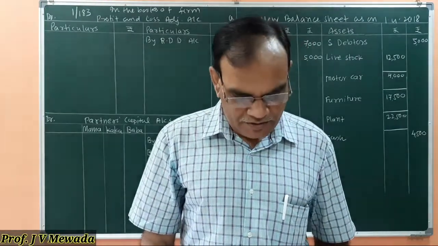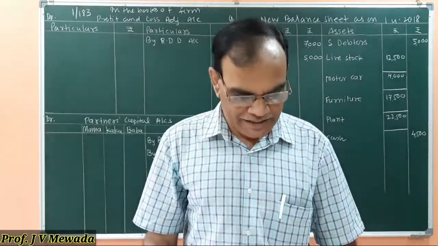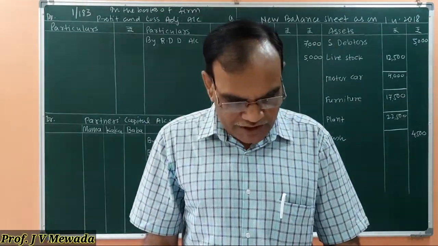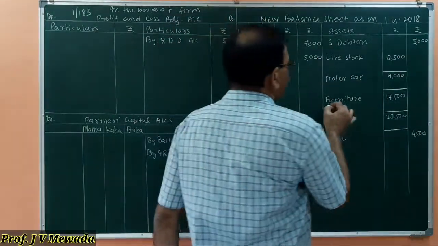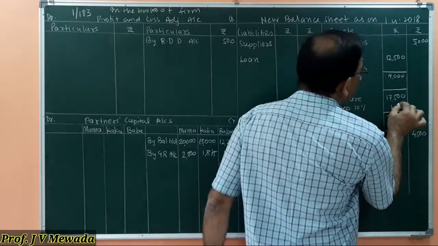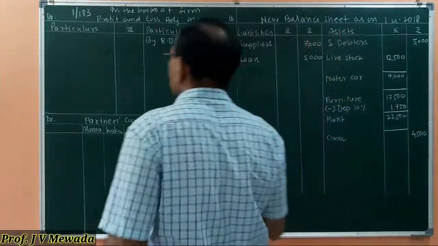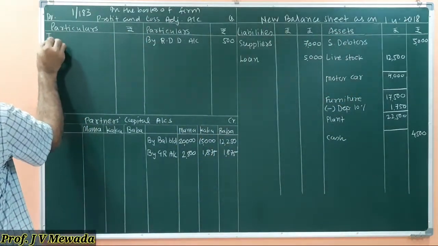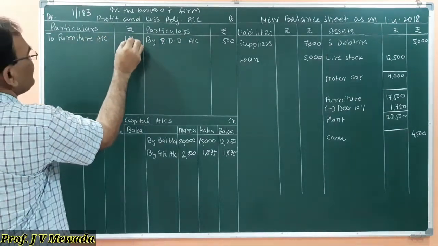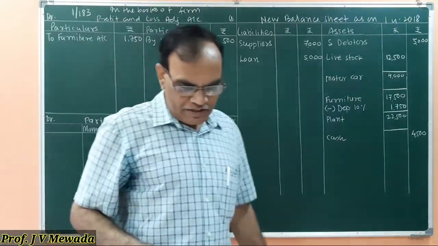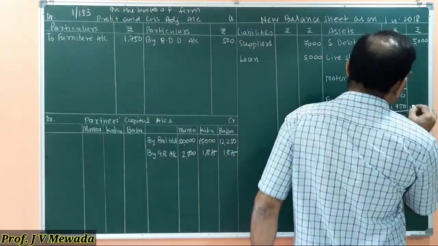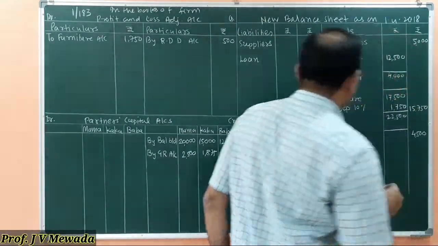Now our third step is to revalue the assets and liabilities. So we'll refer to the adjustment number 2. Furniture is to be depreciated by 10%. So minus depreciation 10%, 1750, and that we are going to write here in the revaluation account to furniture account 1750, and if we are subtracting that, then we'll get 15,750 is the outer column amount.